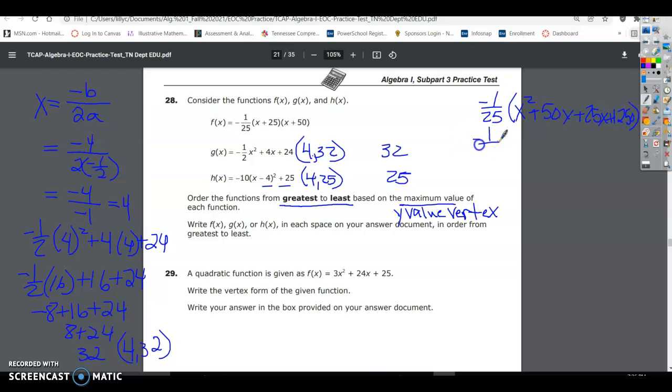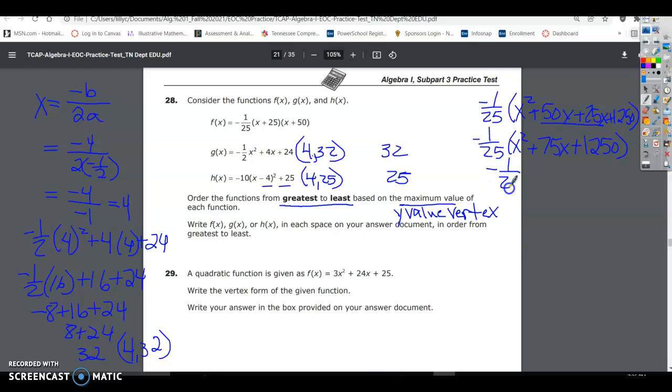So I've got negative 1 over 25, and I'm going to combine my middle terms to get 75x plus 1250. Notice I still have these in parentheses because now I have to multiply this by each one of these. I'm just trying to put it in standard form.